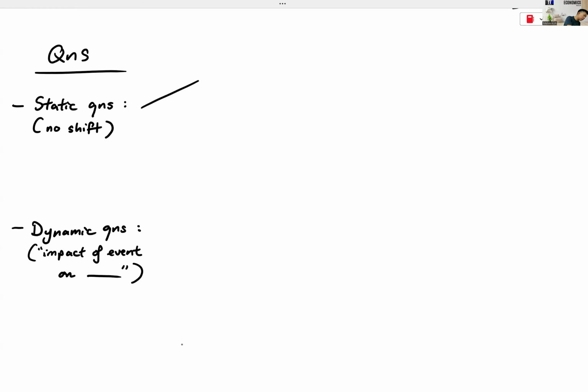What are static questions? Three types actually, but one type is more or less not tested anymore. How do you measure or how do you compare the performance of an economy? I don't know if you all have seen such questions before.